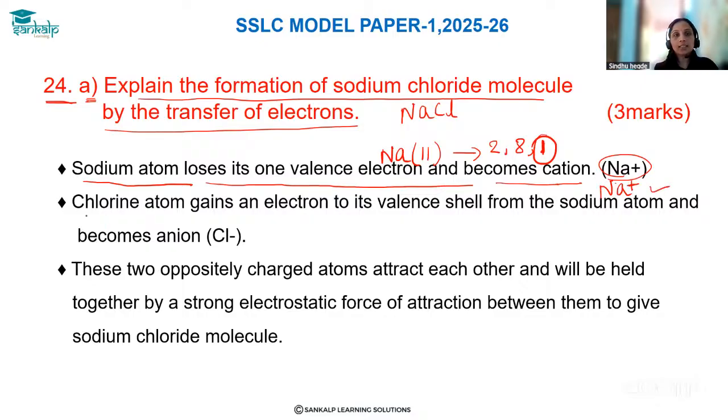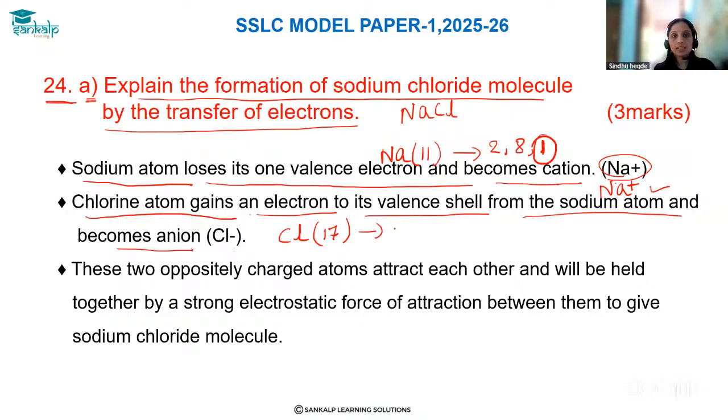Then the chlorine atom gains an electron into its valence shell from the sodium atom and becomes an anion, that is Cl minus. See, chlorine has atomic number 17, right? The electronic configuration is 2, 8, 7.